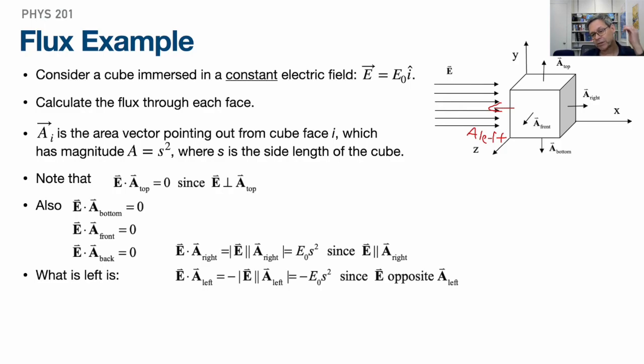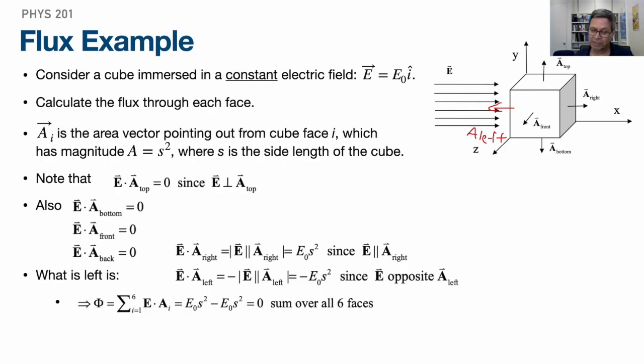And so they're in opposite directions. That's a 180 degree difference in angle between directions. Cosine of 180 degrees, or cosine of pi, is -1. So in that case, the flux through that face is negative, but of the same magnitude as through the right face, E naught S squared. But because the area vector is pointing oppositely, it comes with a negative sign.